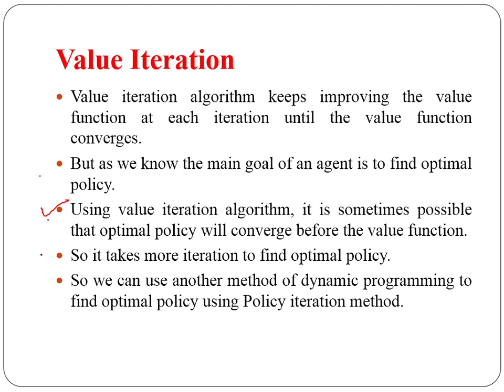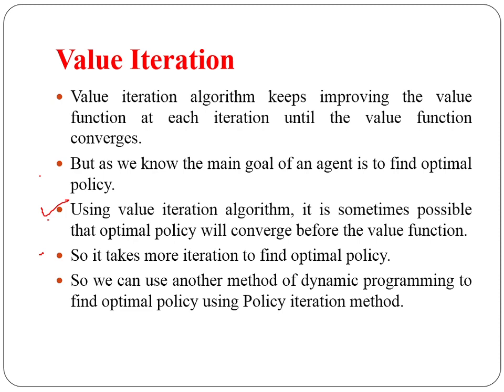That means you will get the optimal policy, but the values won't have been updated prior to that. First you get the optimal policy, and after that you get the value function. Because of that, it takes more iterations to find the optimal policy.